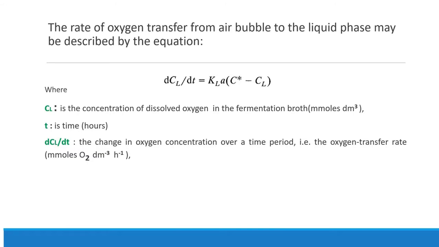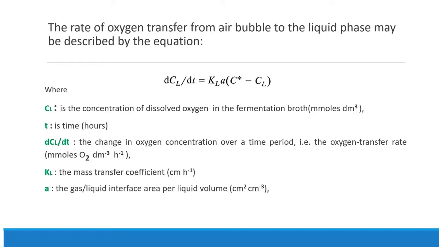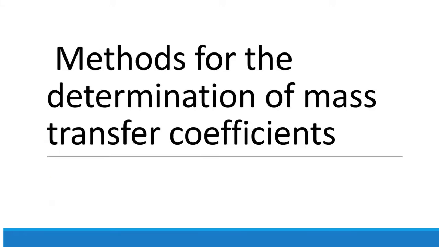KL is the mass transfer coefficient and a is the interfacial area per liquid volume, and C* is the saturated dissolved oxygen concentration in the reactor. The larger the KLa, the higher the aeration capacity of the system.